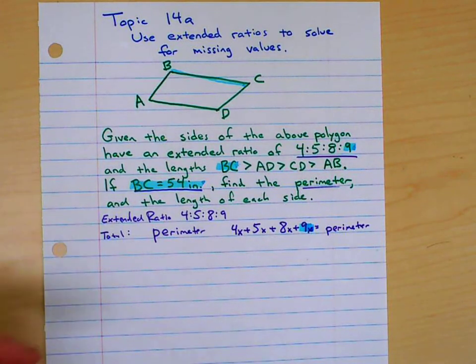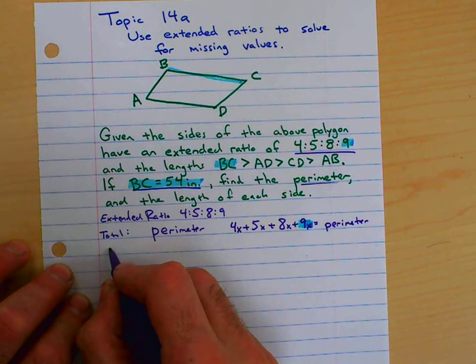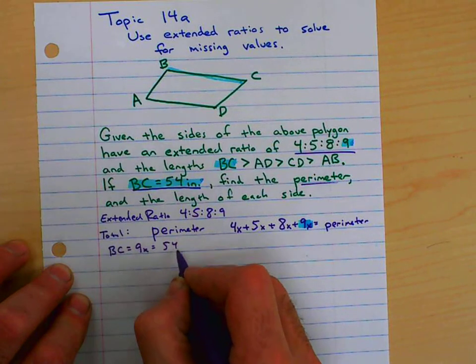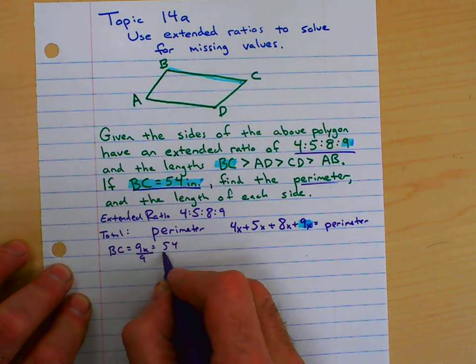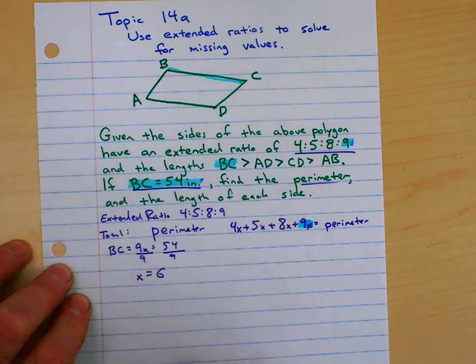So BC equals 9x, which equals 54. Divide both sides by 9, x equals 6. So my multiplier is 6.